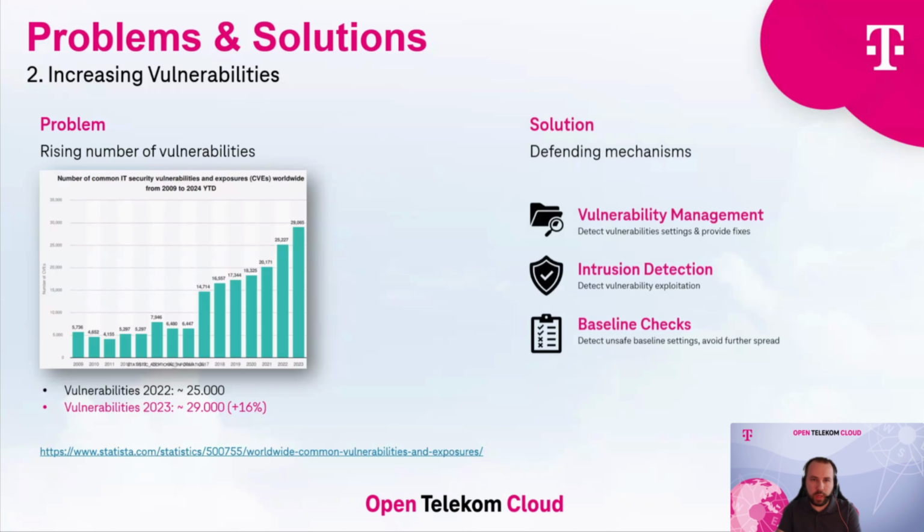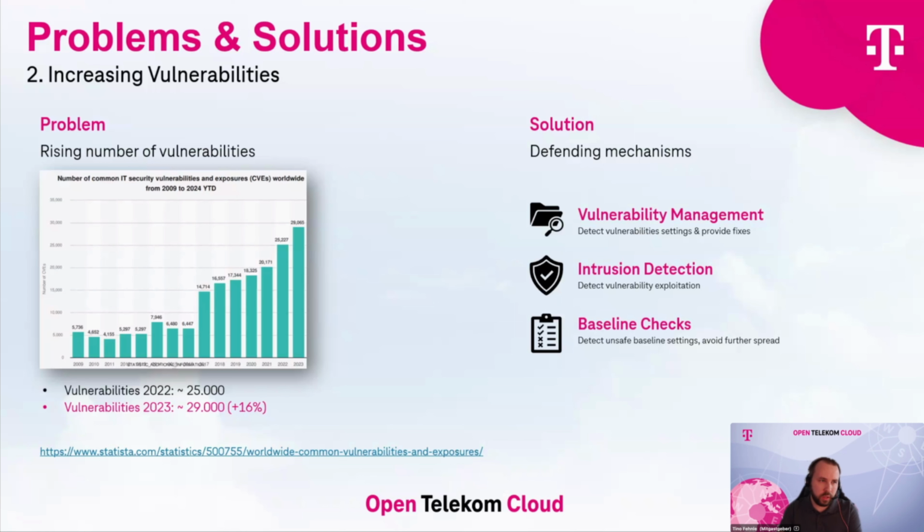So what solutions do we have? First of all, vulnerability management. So we want to have a mechanism that scans our systems, our assets against the vulnerabilities, and most likely also provide some guidelines, some fixes, or can fix them automatically.